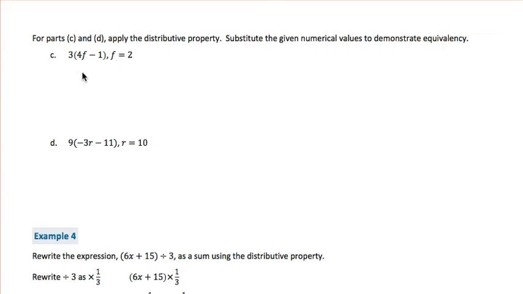Next, now that we have proven with tape diagrams, we're going to apply the distributive property and just do the math, and then we'll substitute to show equivalency. So 3 times 4f minus 1 would be 3 times 4f, which is 12f. 3 times 1 is 3, and we have a subtraction sign there, so it's going to be 12f minus 3.